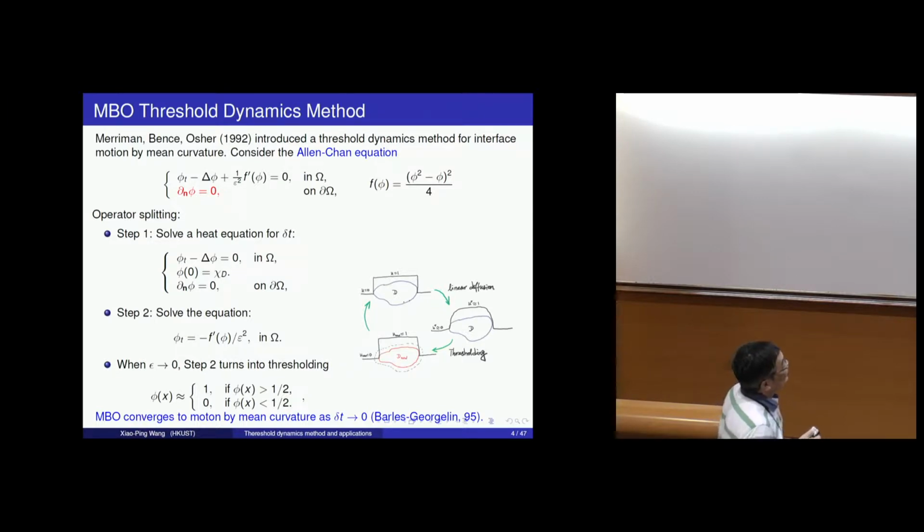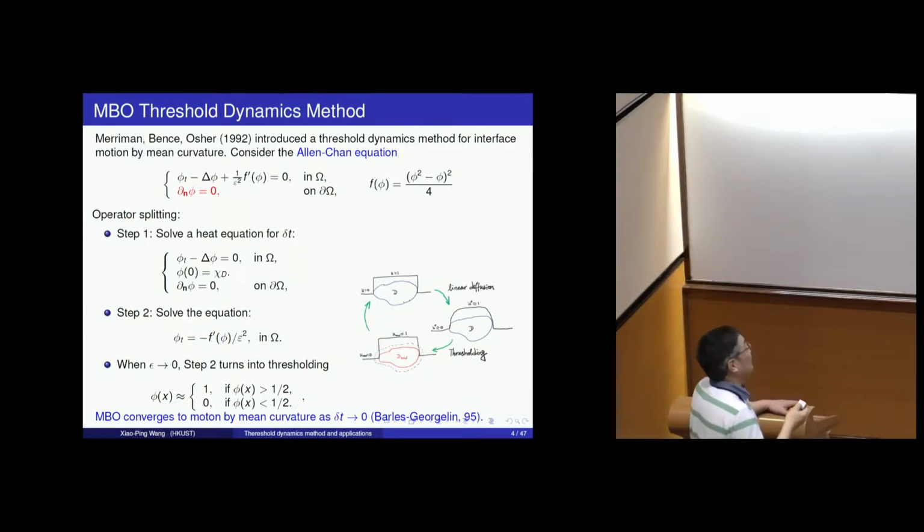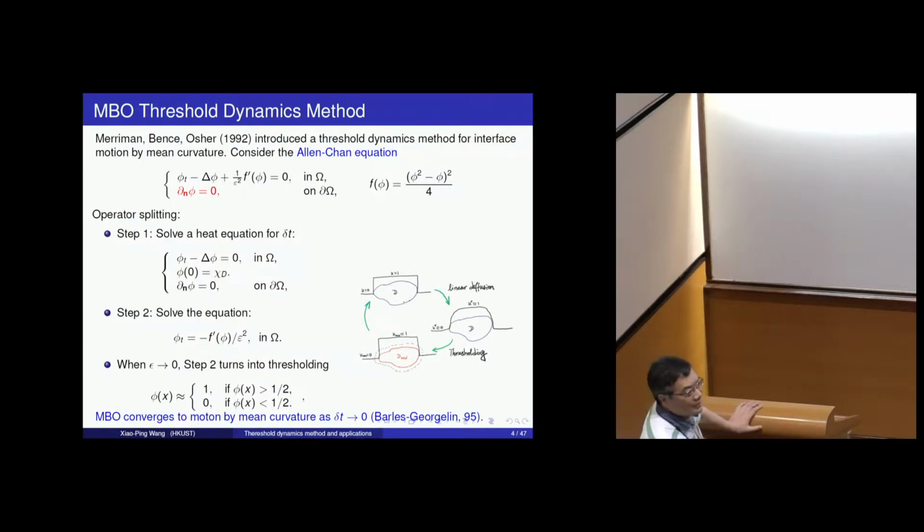The idea is to look at this problem based on the Allen-Cahn equation. If there is a small parameter epsilon, which measures the interface thickness, and you look at the sharp interface limit of the Allen-Cahn equation, it converges to motion by mean curvature.